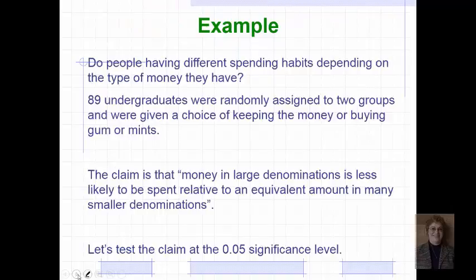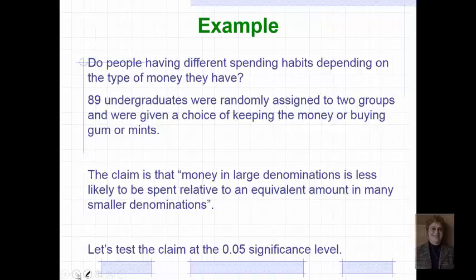Okay, so here is an example. The question we want to answer is, do people have different spending habits depending on the type of money they have? 89 undergraduates were randomly assigned to two groups and were given a choice of keeping the money or buying gum or mints.